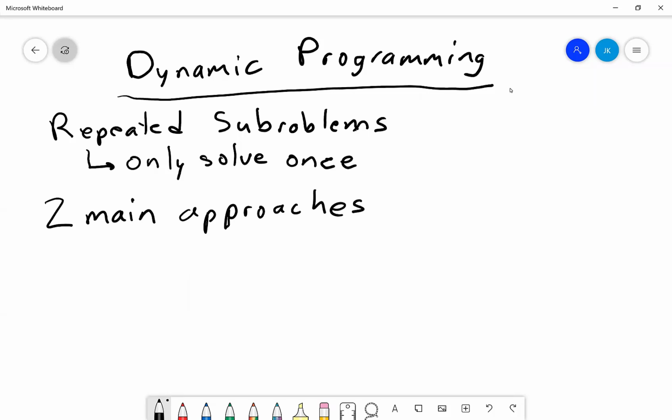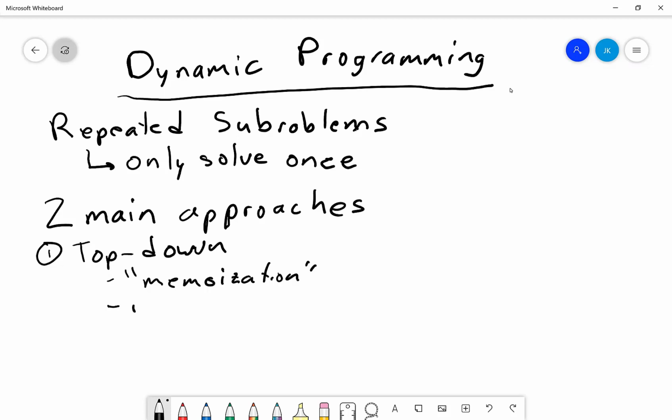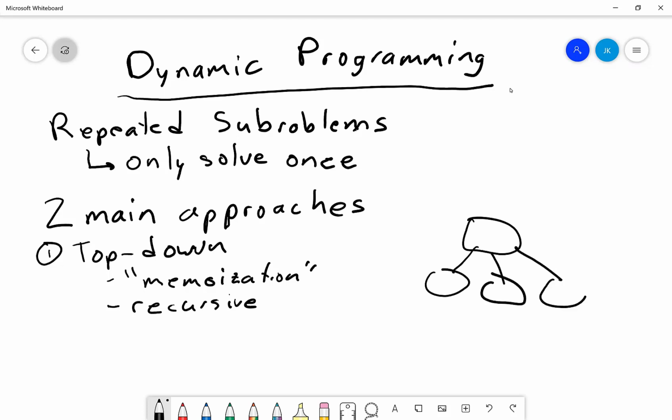Okay, so the two main approaches. The first one is what we'll call the top-down approach. You might have heard this referred to as memoization. The idea here is that we are going to have a recursive solution. So something where I've got some big problem and I'm breaking that problem into lots of smaller problems, and each of those gets broken into smaller problems.